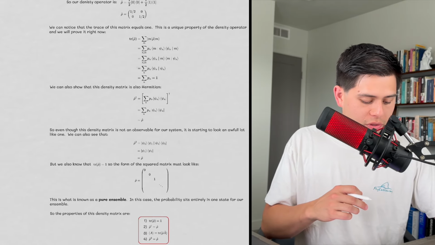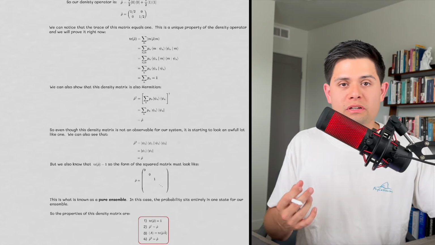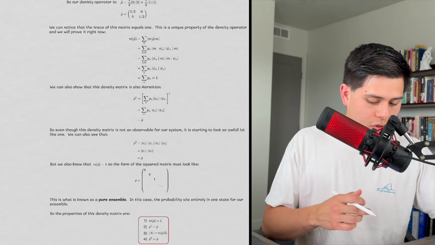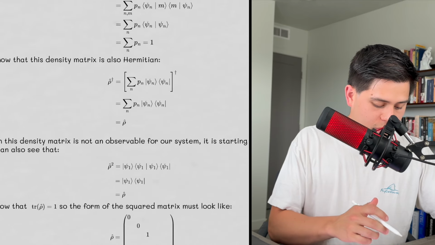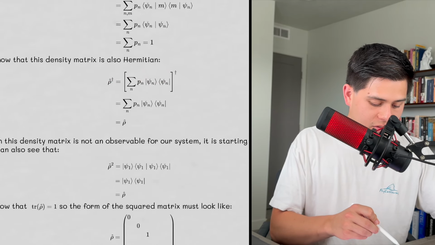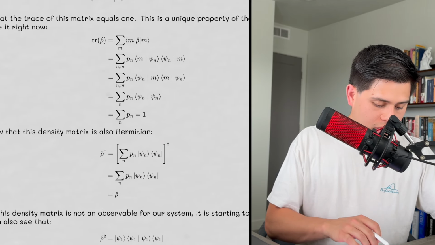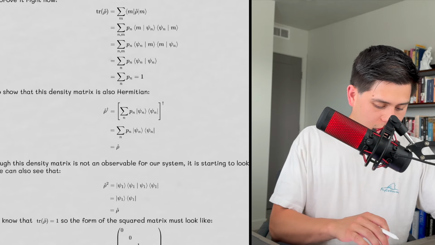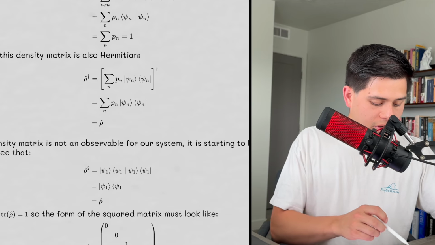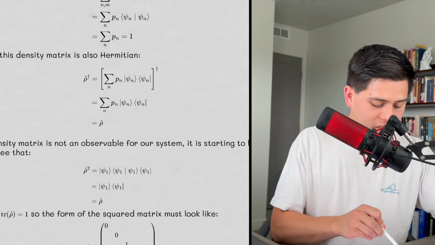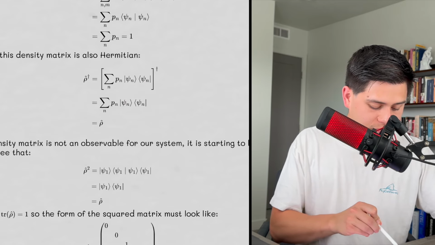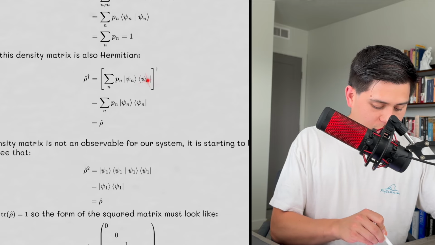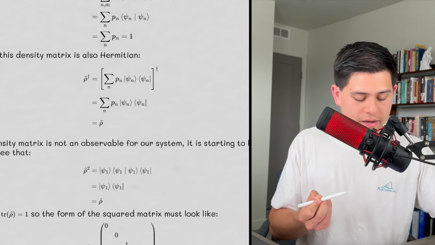We can also show that this density matrix is Hermitian. To show this, we take the dagger of both sides of this, and we get this right here, because we just swapped these two, and these two are the same.